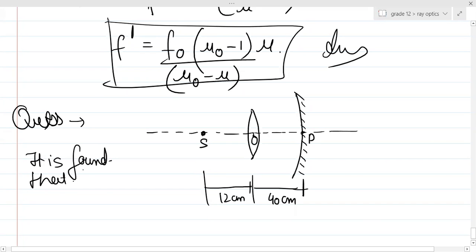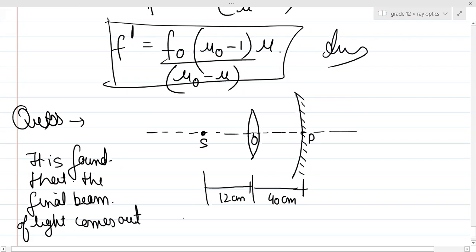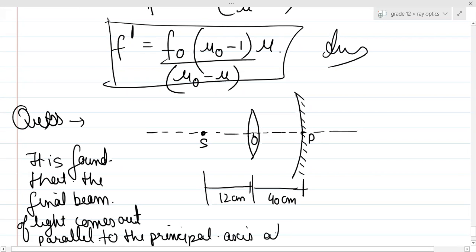it is found that the final beam of light comes out parallel to the principal axis after reflection from the mirror.